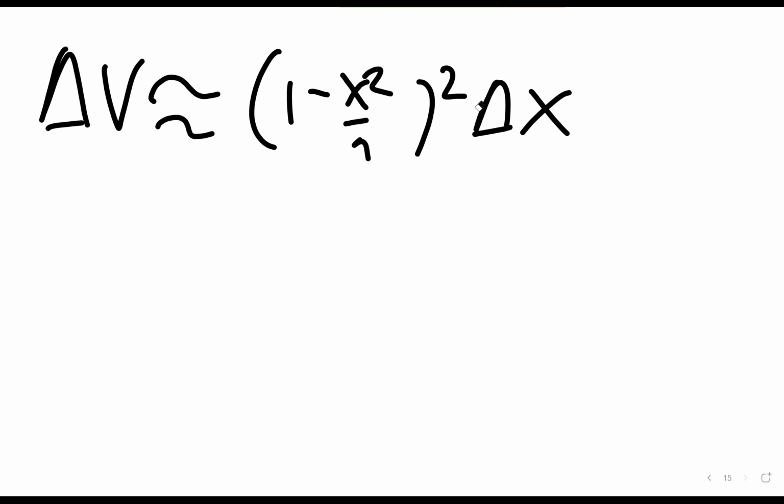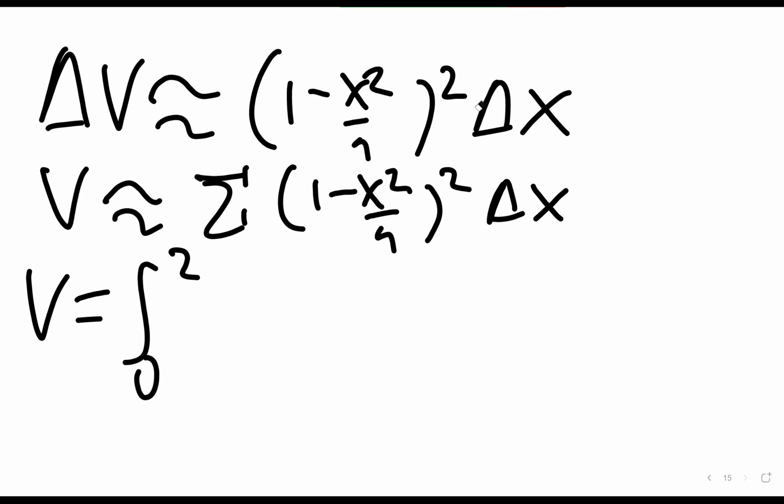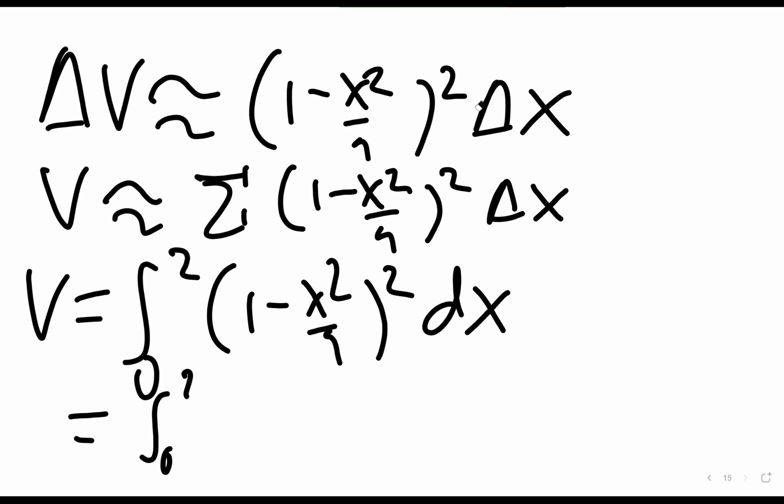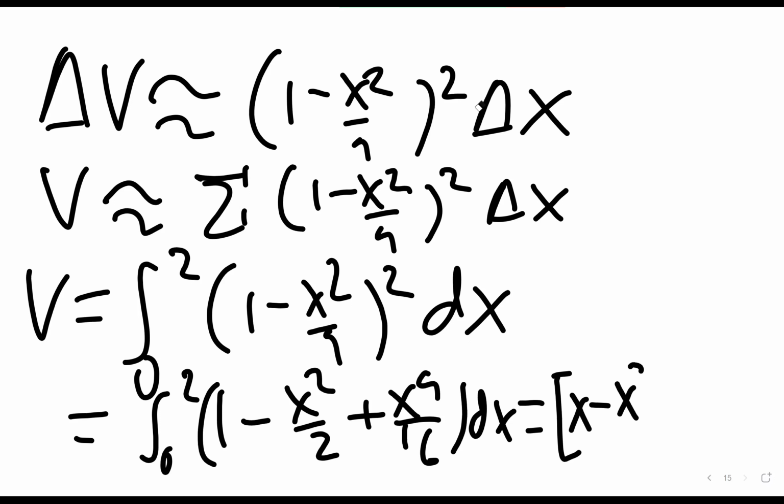The volume is approximately the summation of delta V. Taking the limit, you have the integral from 0 until 2 of (1 minus x squared over 4) squared dx, which is the integral of 1 minus x squared over 2 plus x to the power 4 over 16 dx. This gives x minus x cubed over 6 plus x to the power 5 over 80, then put in 0 and 2.